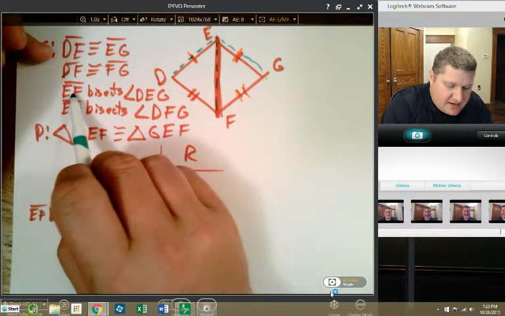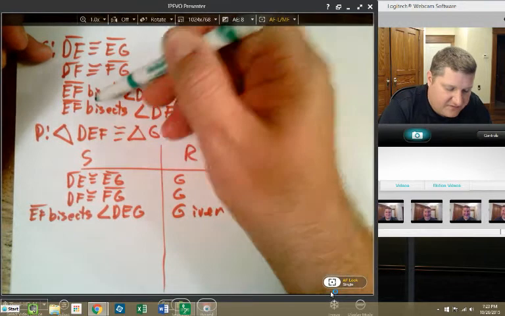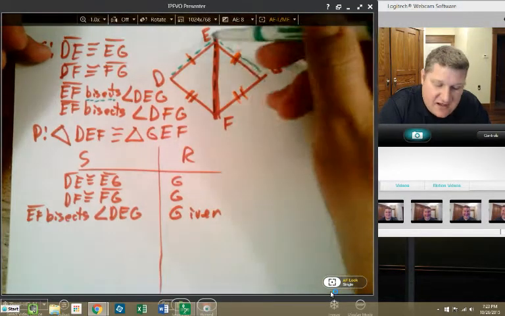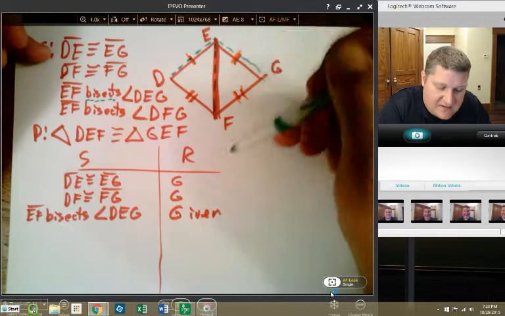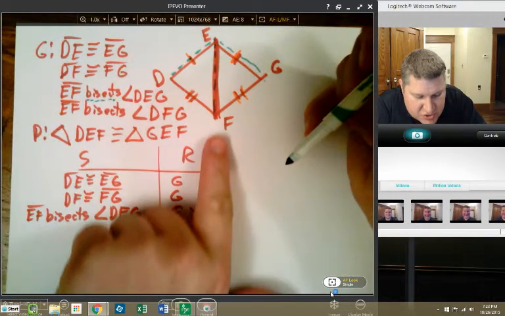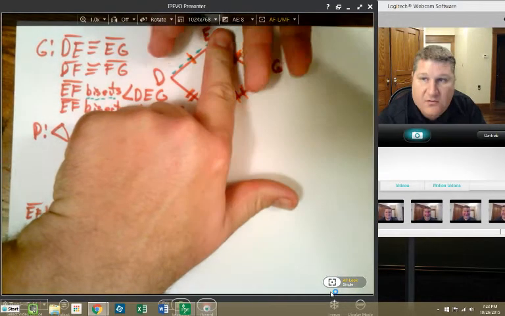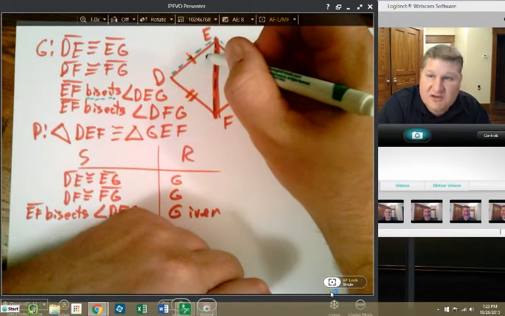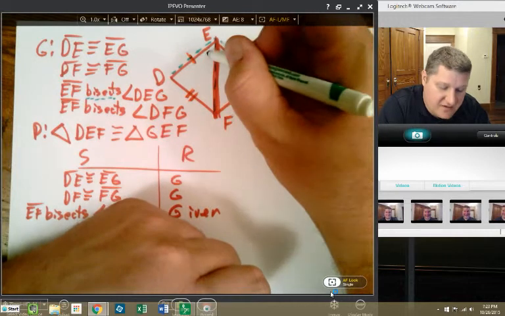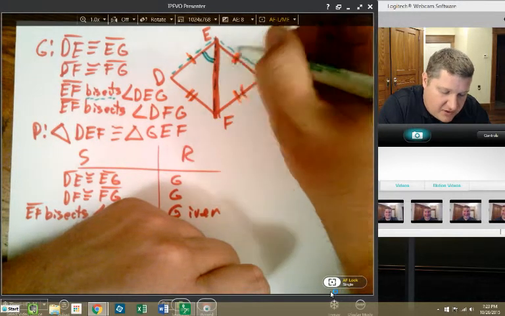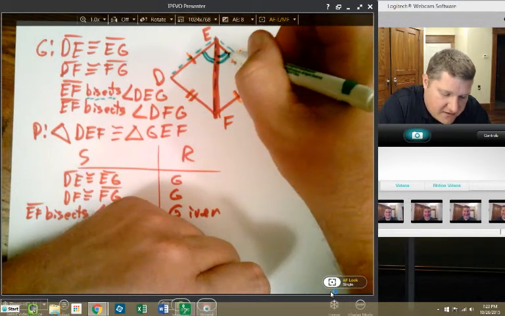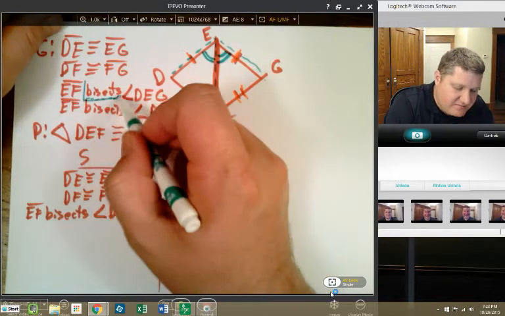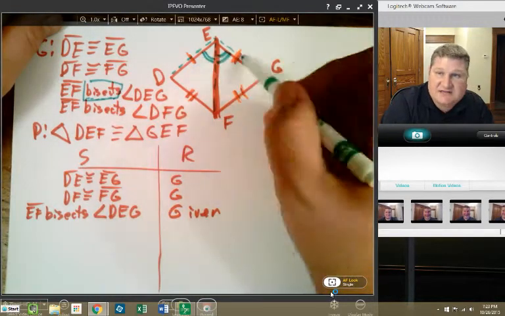The segment is bisecting, but what it's bisecting is not the segments, it's bisecting the angle. It shoots right through this big angle, cutting it into two equal parts. That means this part is equal to this part.